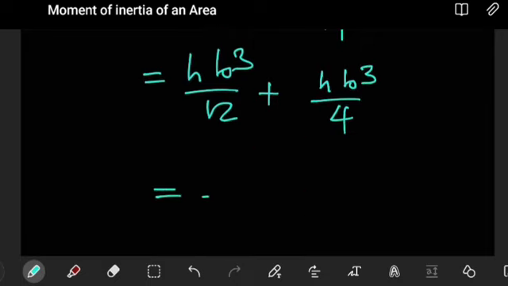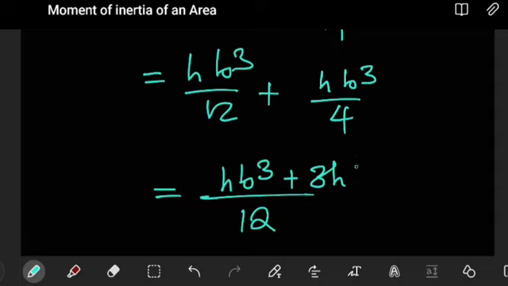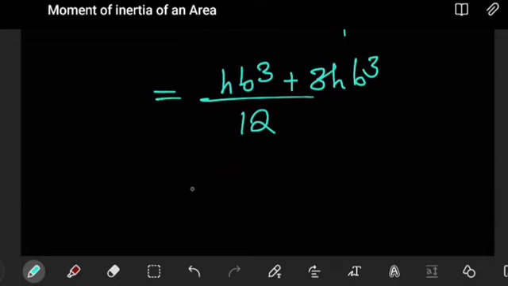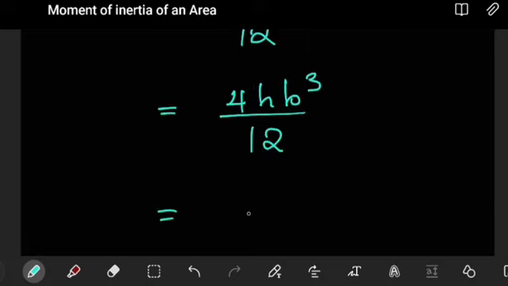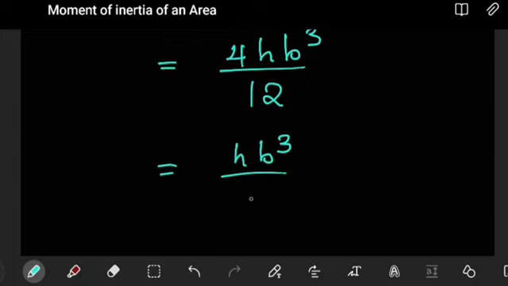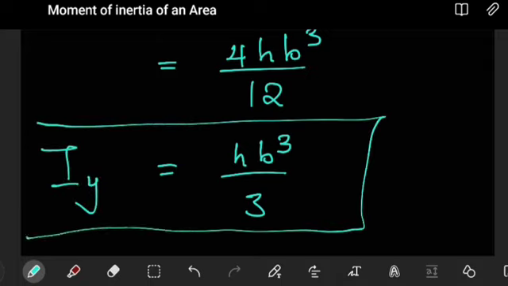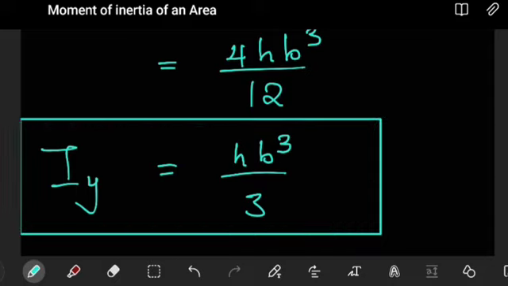In a similar way, the common denominator is 12: hb cubed plus 3 hb cubed, so finally we end up with 4 hb cubed over 12, or just hb cubed over 3. So this becomes the moment of inertia about the y-axis. This is how the parallel axis theorem works.